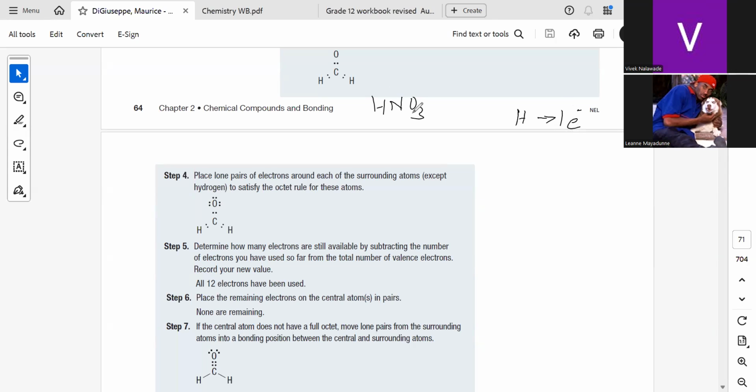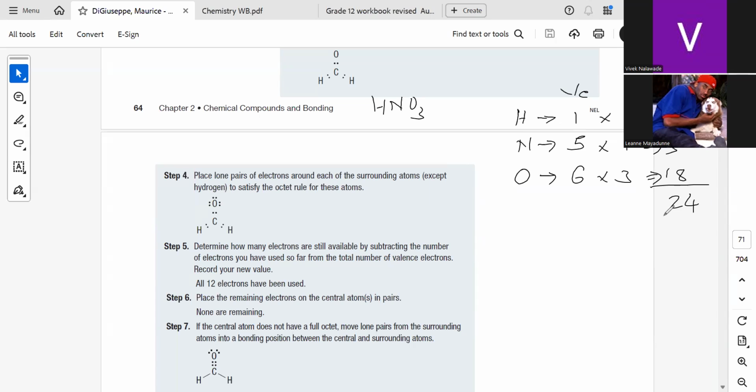Hydrogen has one valence electron, nitrogen has five valence electrons, and oxygen has six valence electrons. So 1 into 1, 5 into 1, 6 into 3, correct? So you have 1, 5, and 18. You have a total of 24 electrons.